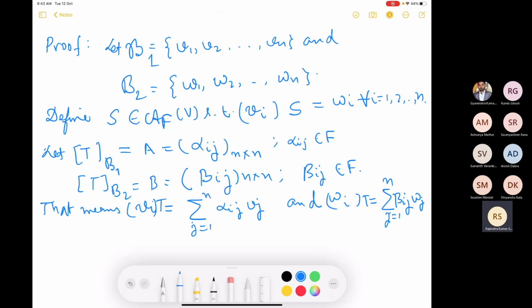Now, one thing is clear: since S maps basis onto basis, this is an onto linear transformation in AFV, as it maps basis vectors onto basis vectors.